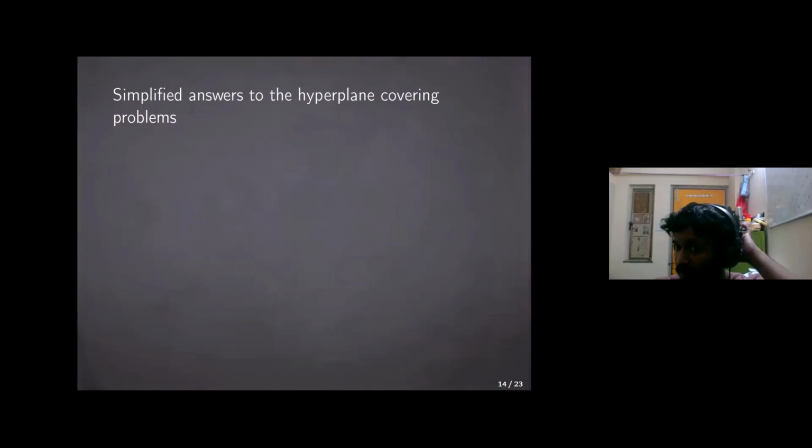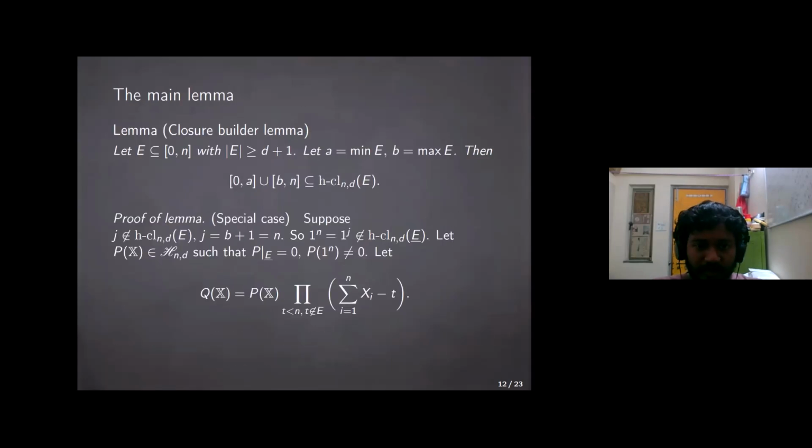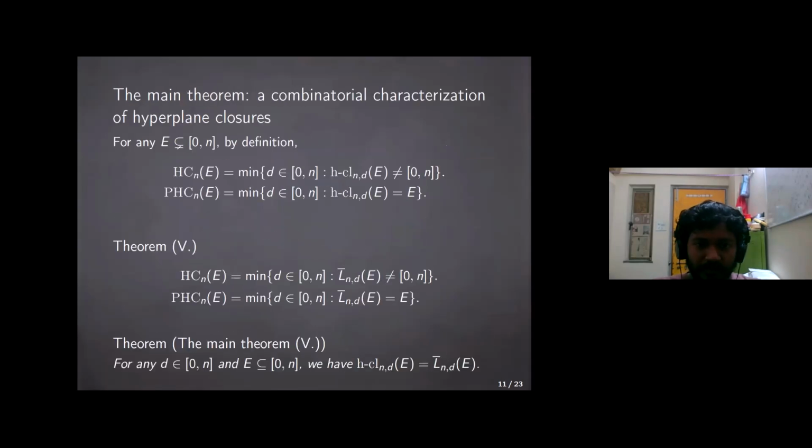So far, modulo the main theorem, we have actually answered our question. Because what did we do? So let me just quickly recap. The definition of the hyperplane closures gives us a characterization of these numbers in terms of the hyperplane closure.